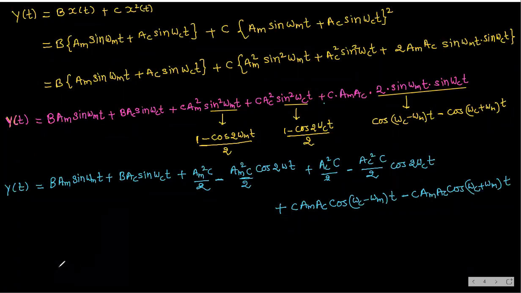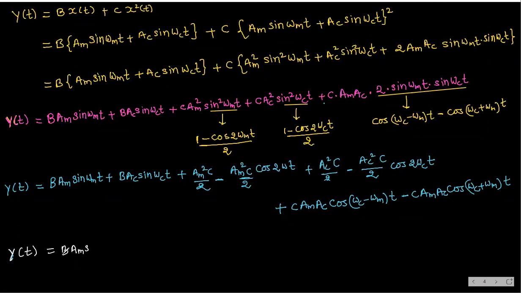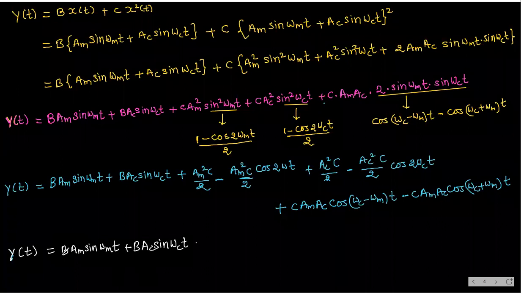Okay. So finally, y of t, again I'm changing the color. Y of t is equal to this one as it is, BAM sine omega mt plus BAC sine omega ct plus this AM square C by 2 and AC square C by 2.